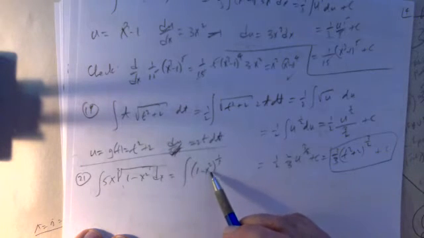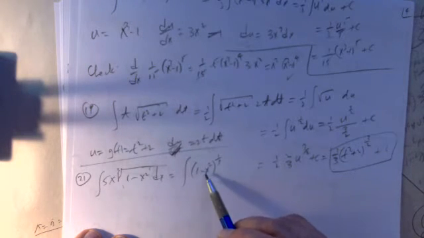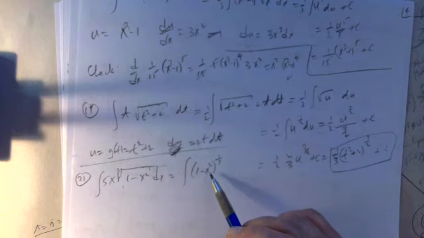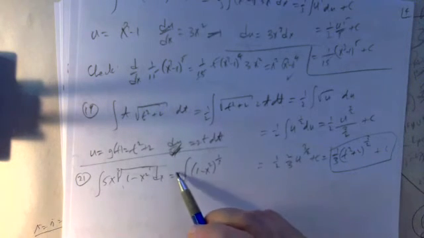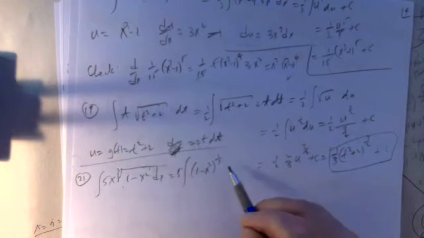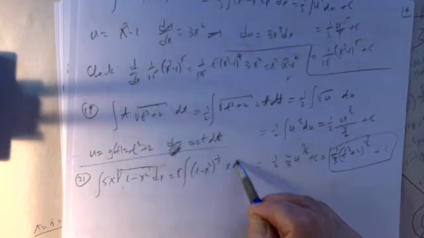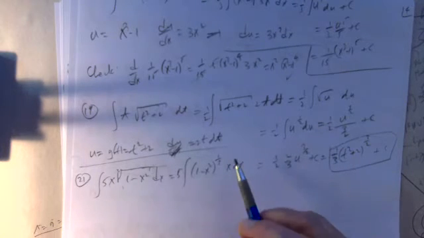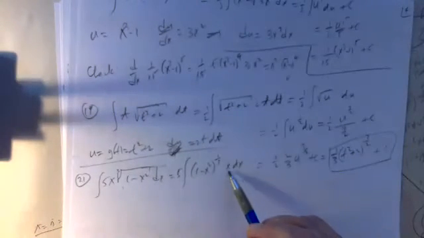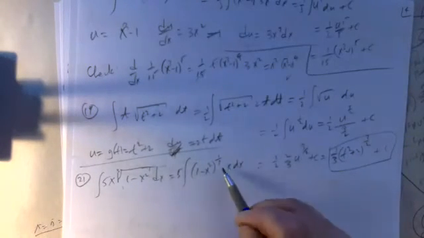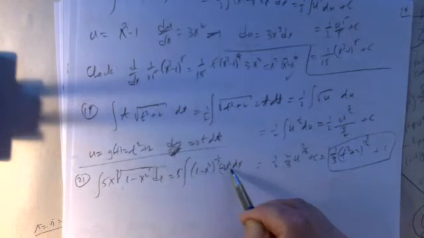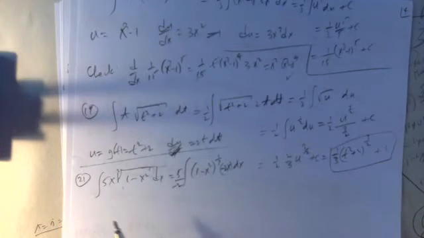The derivative of 1 minus x squared is minus 2x. And I don't have minus 2x, I have 5x. Then we bring the 5 outside, 5x dx. But I would like a minus 2 here, so I just multiply and divide by minus 2. Minus 2x divided by minus 2. So all I've done is rewritten this in a nice way.